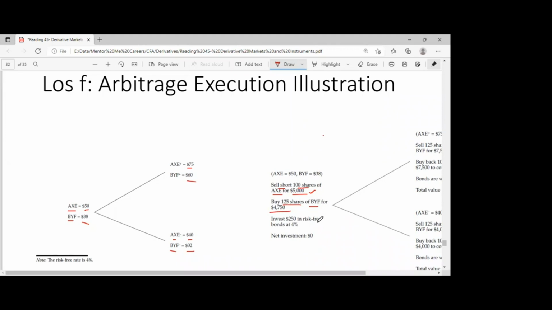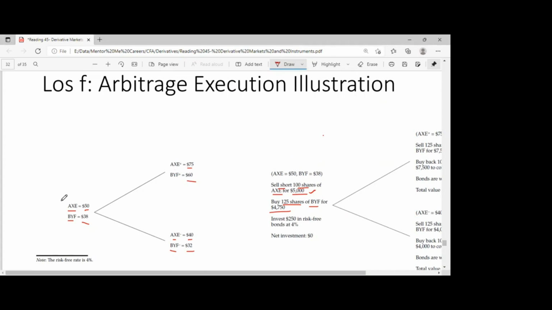How are we getting this 4750? If you divide 4750 by 125, what do you get? $38. 38. Yeah, okay, 38.